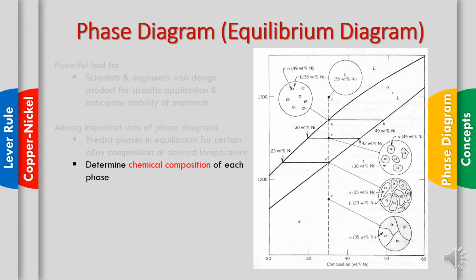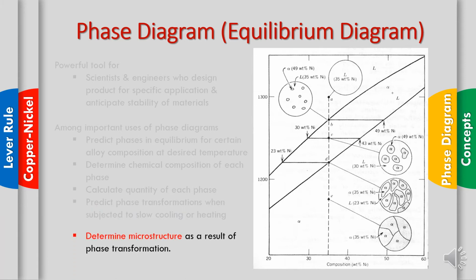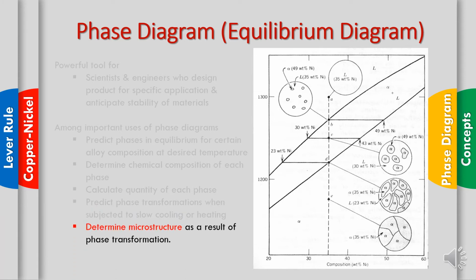It can also determine the chemical composition of each phase and calculate the quantity of each phase, predict phase transformation when subjected to slow cooling or heating, and determine the microstructure as a result of phase transformation.